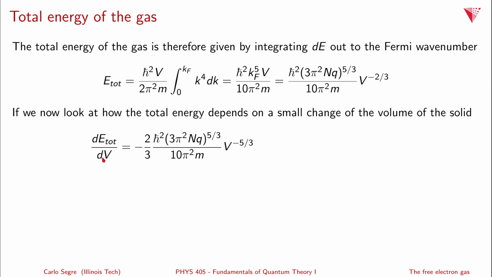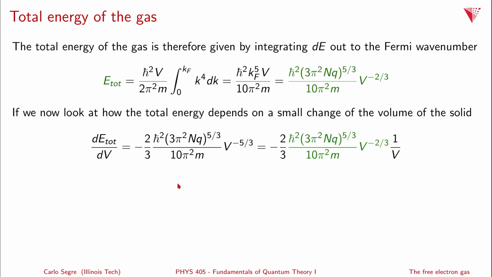If the volume expands by dV, we take the derivative and we get minus 2/3 h bar squared times the quantity 3 pi squared n q to the 5/3 over 10 pi squared m times V to the minus 5/3, because when we differentiate V to the minus 2/3, it gives us V to the minus 5/3 and the minus 2/3 in front.